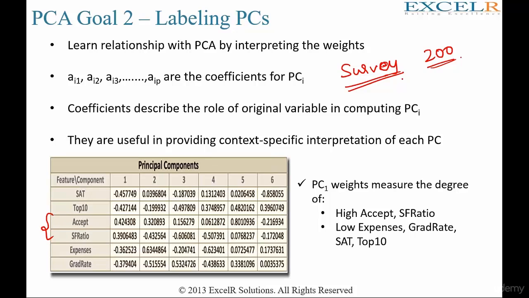So when you conduct the survey next time, you will probably come up with better survey questions which are fewer in number and which capture information more accurately because you're not capturing duplicate information. Look at the widespread possibility of implementing principal components.